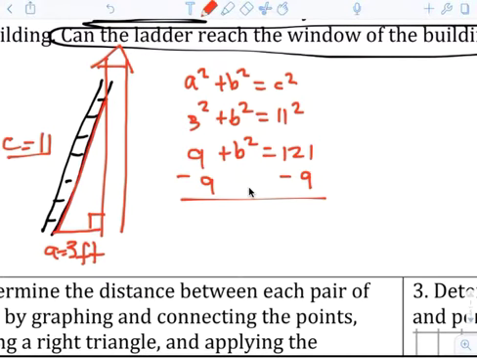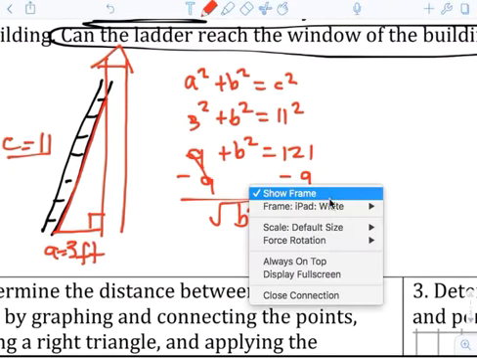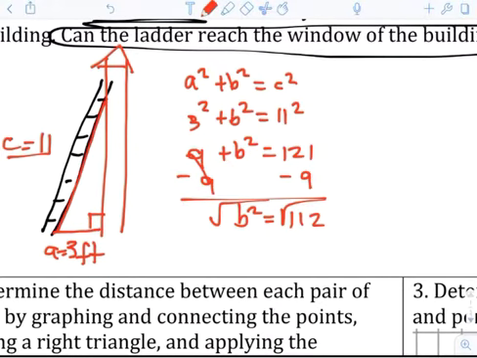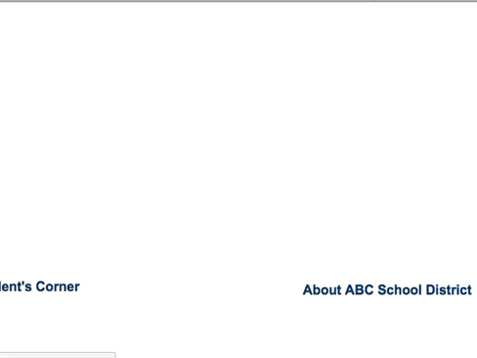Okay, B squared equals 112. Take the square root. Get your calculator, or you can go on the internet and Google calculator.